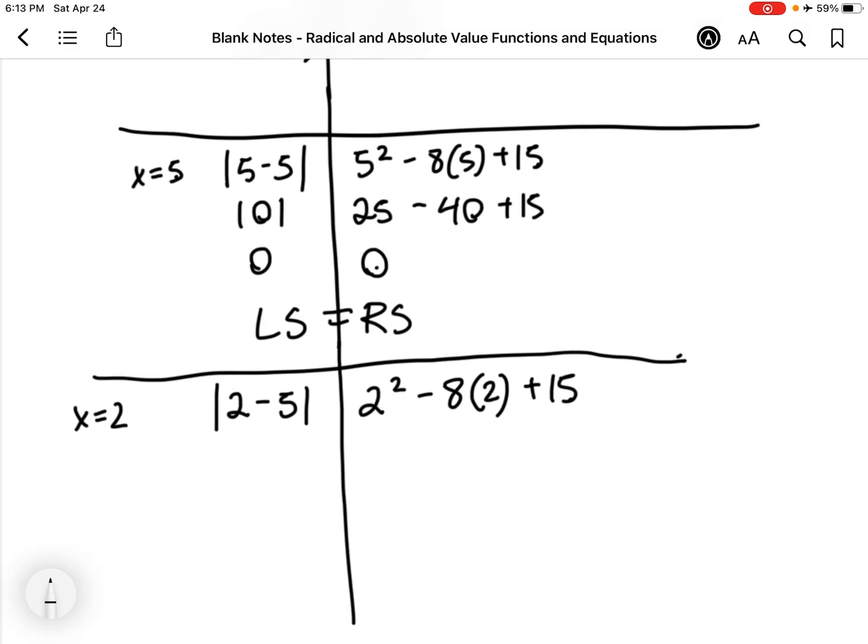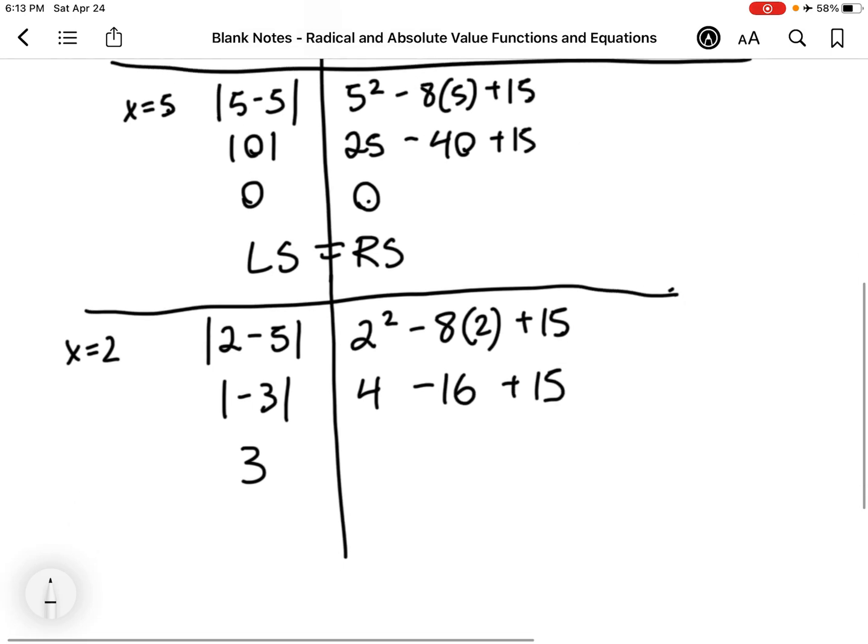So on the left, the absolute value of 2 minus 5 is the absolute value of negative 3. And that is 3. And on the right side, I have 4 minus 16 plus 15. And that works out to be 19 minus 16, which is 3. So we have that the left side equals the right side. So 2 is also valid.